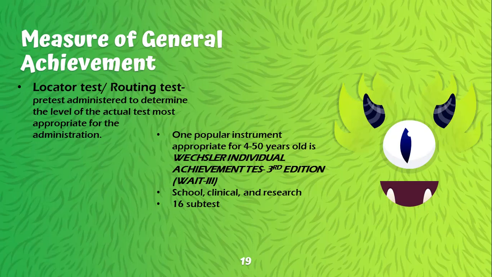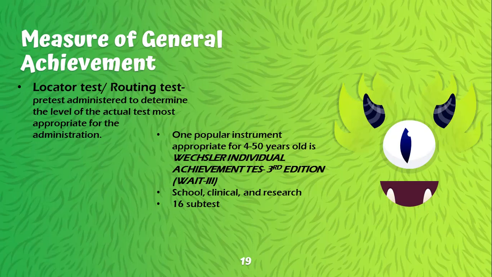So kaning locator and routing test, guys, kung i-test diri ang imong achievement, makita kung asa ka pwede ibutang. Pananglitan, sa isa ka grade 1 class, itagaan sila og kanang test, routing test.